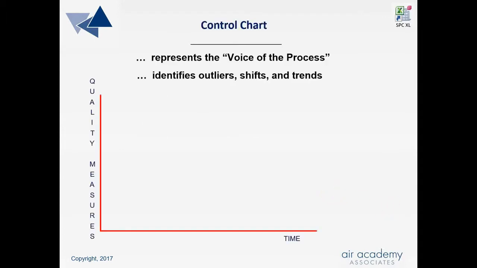Recall that the control chart represents the voice of the process and that its purpose is to identify outliers, shifts, and trends in the data over time. A control chart is constructed first by establishing a baseline set of data, typically of at least 20 data points if possible. SPC XL then calculates the mean of this baseline data and uses that as the center line.